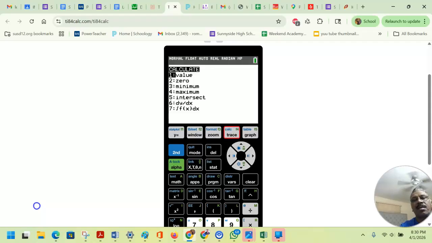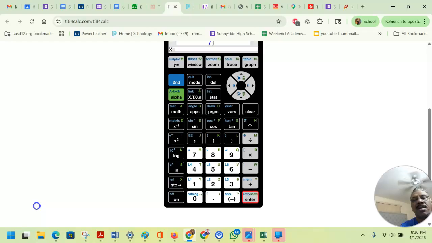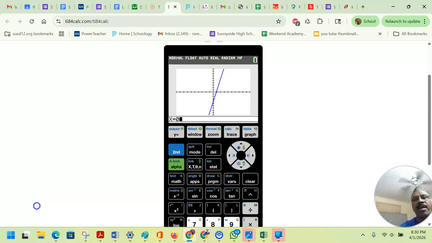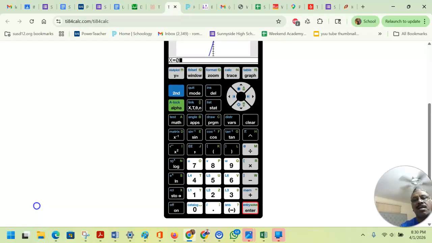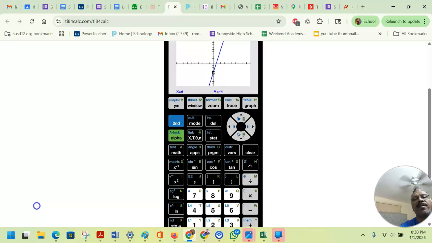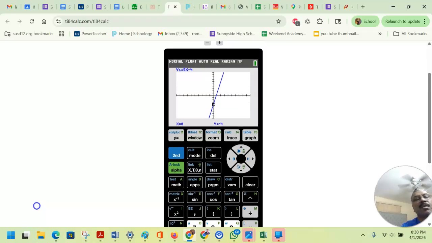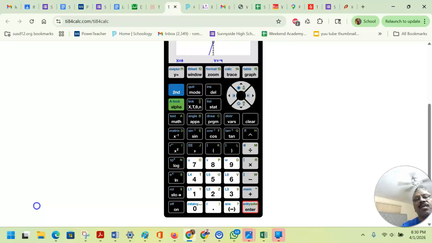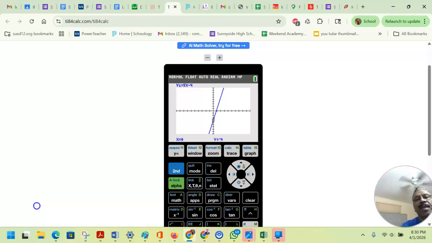Enter. So enter. And then put a 0 and you get that answer. And then enter to get negative 4. So this is how you can figure out, use the calculator.